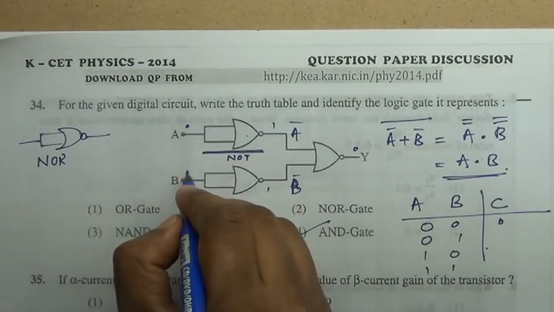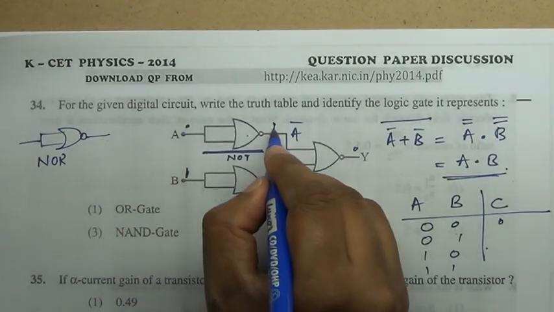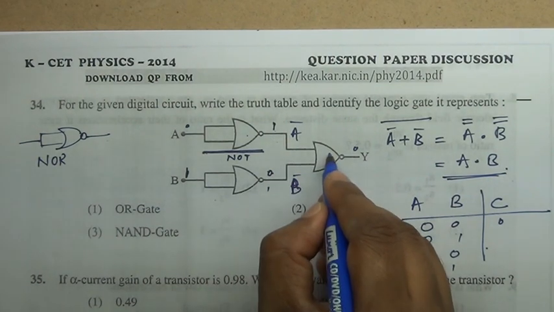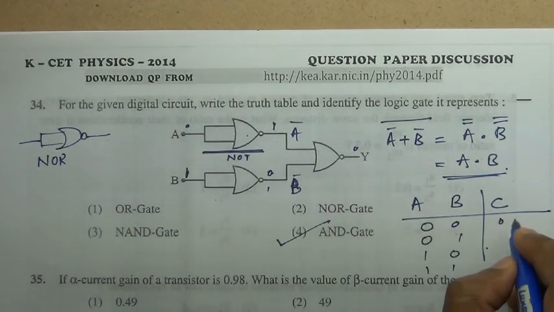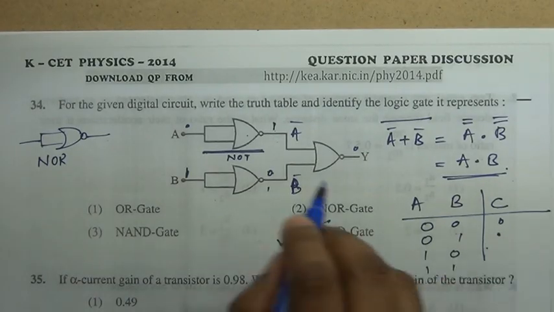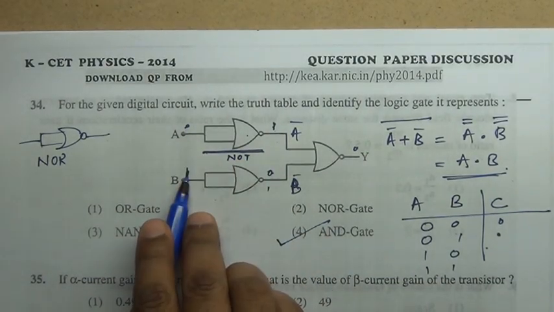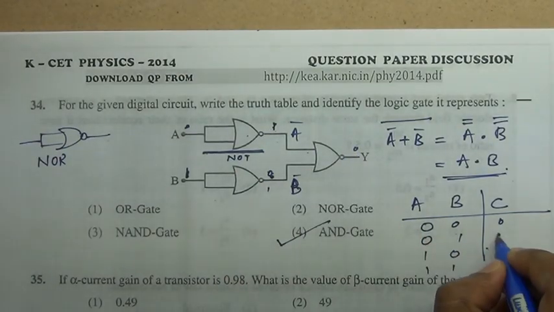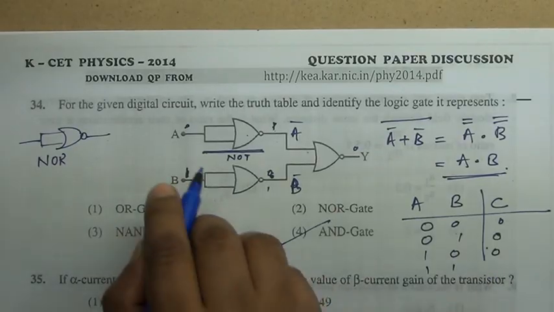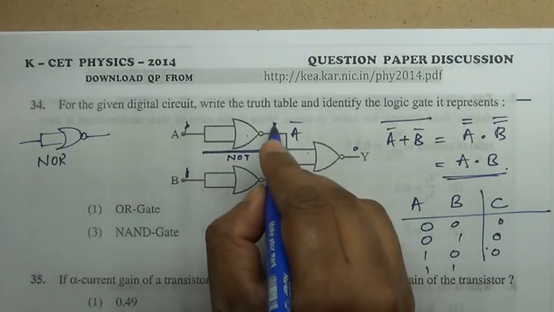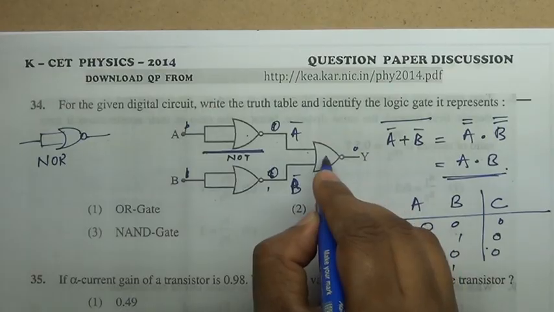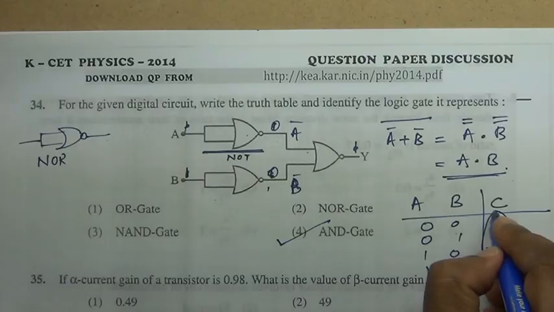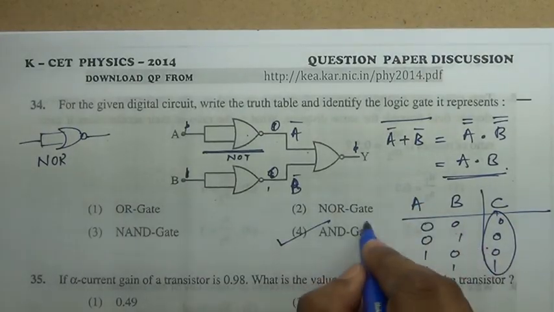You give 0 1, 0 becomes 1, 1 becomes 0, 1 plus 0, its complement is 0. This is also 0. Now both are 1, 1 1, 0 0, 0 plus 0 is 0, complement is 1. So this truth table is for the AND gate, therefore you can go to the AND gate.